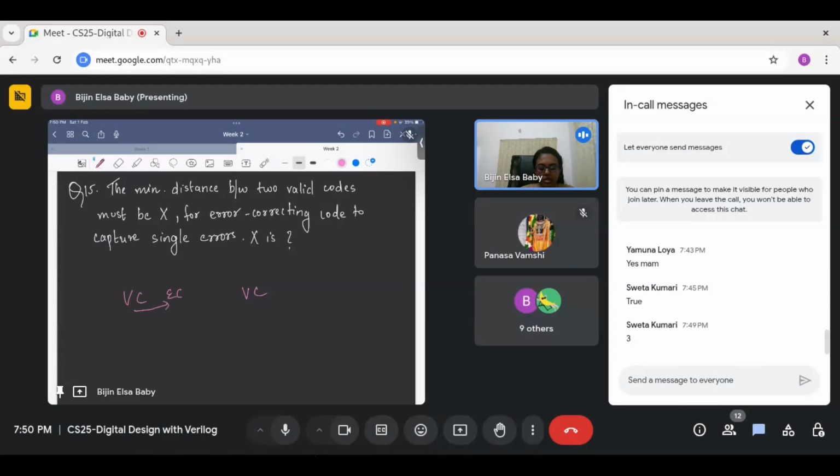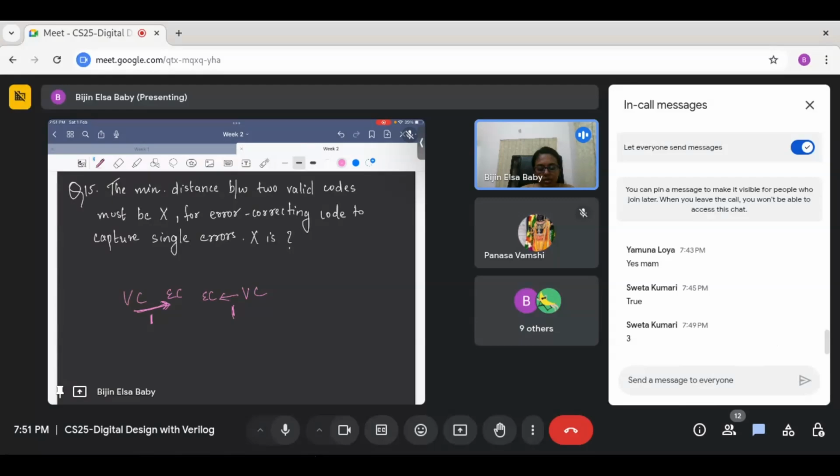So the minimum distance from a valid code to the error code will be 1. And from this valid code to another error code, that will also be 1.